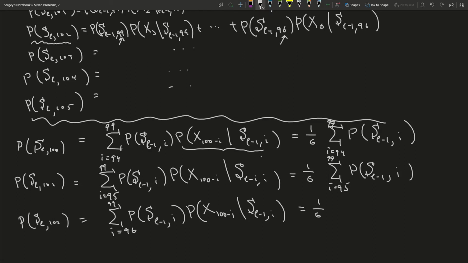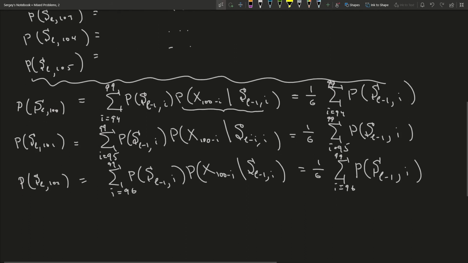And again, this is equal to 1/6 times the sum i from 96 to 99 of the probability that the running total up to that point is equal to i. So looking at these three values, we can see that they're decreasing. And so the most likely one of these terms is the probability that the running total when the process terminates is 100.